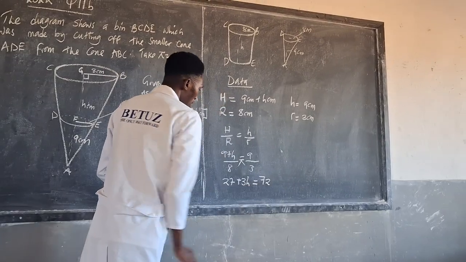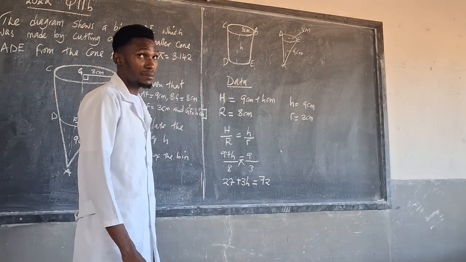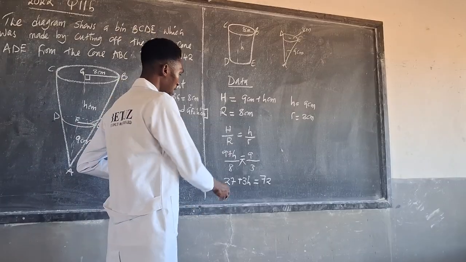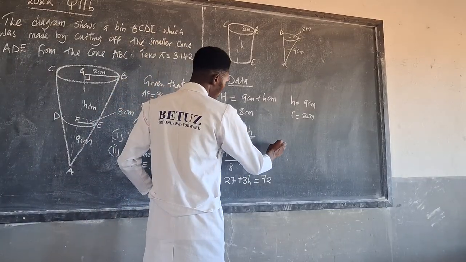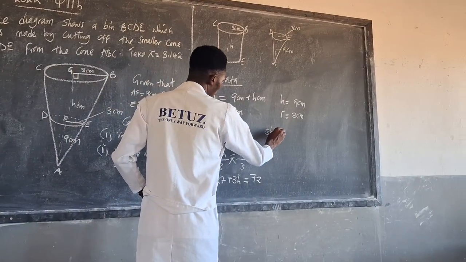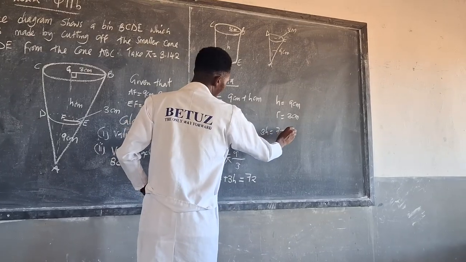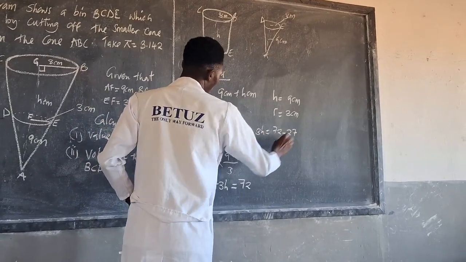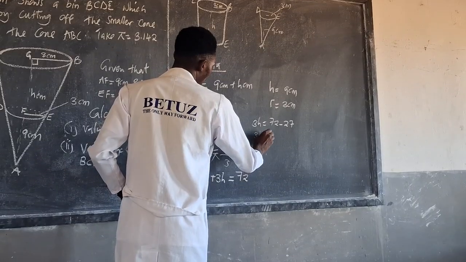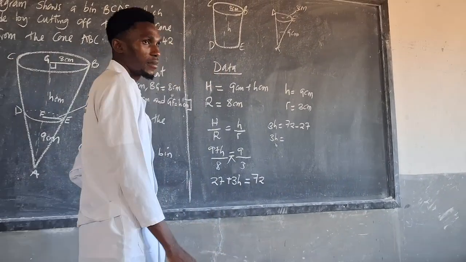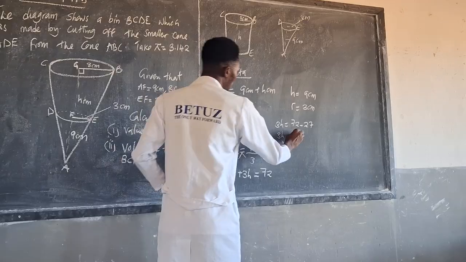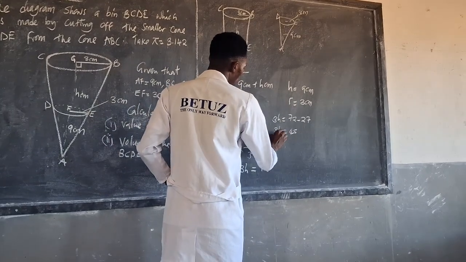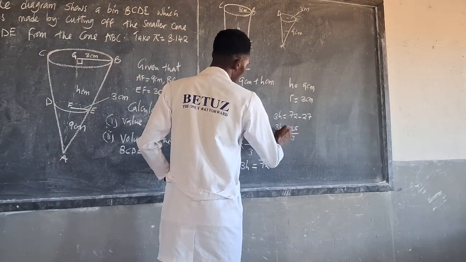72. So now from there, place like items together. You have 3h is equal to 72 minus 27. What is 72 minus 27? 45. So divide both sides by 3.